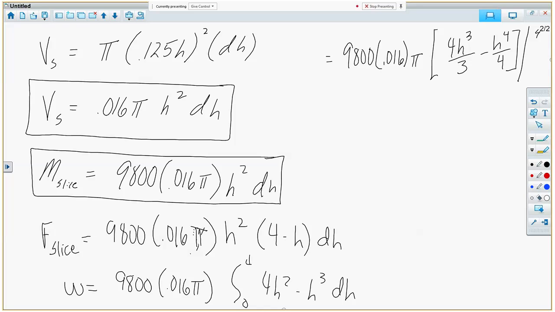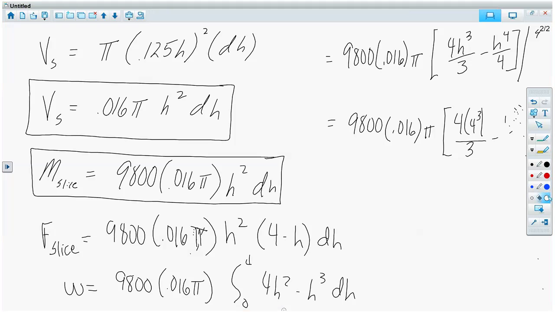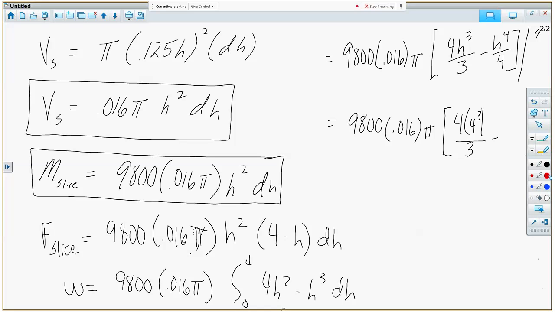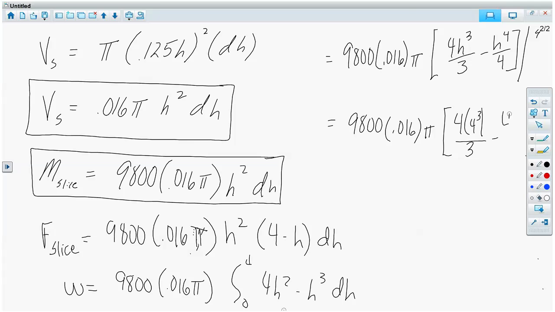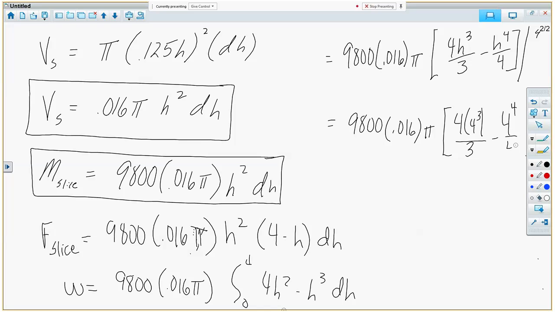I'll do 0 for you. 0 comes out to be 0. So that's equal to 9,800 times 0.016 pi. And then that's going to be 4 cubed over 3 minus 4 to the 4th over 4.